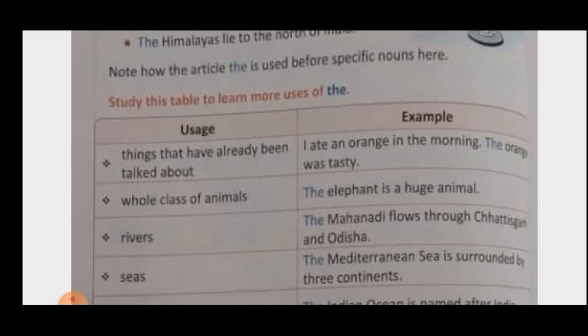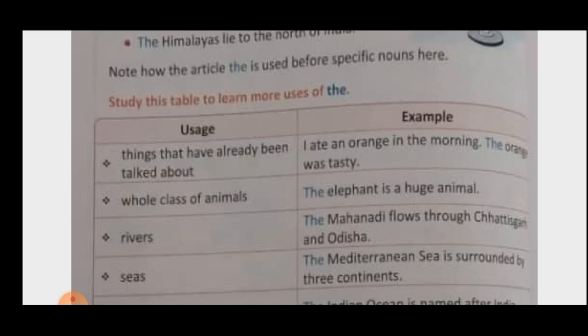Next, seas. Before the names of seas also we will put the as article. The Mediterranean Sea is surrounded by 3 continents.